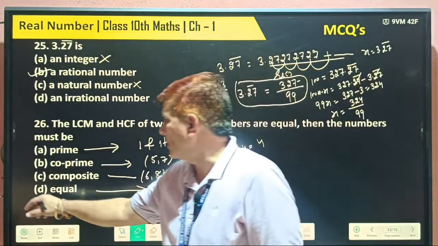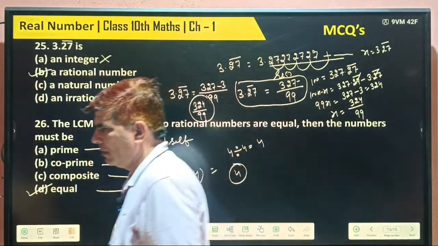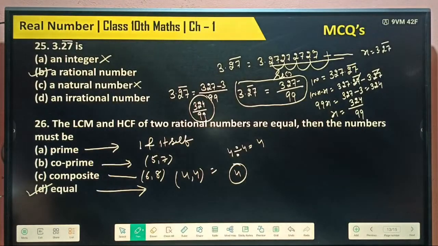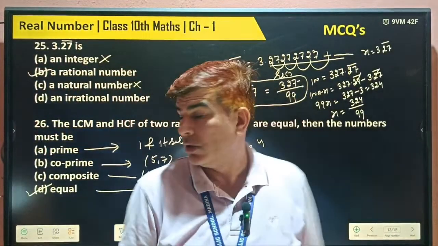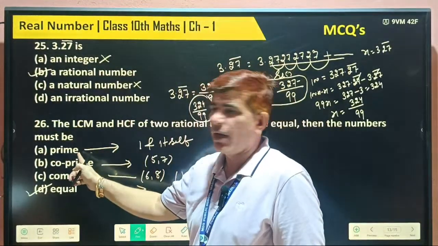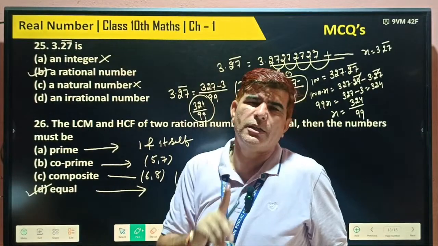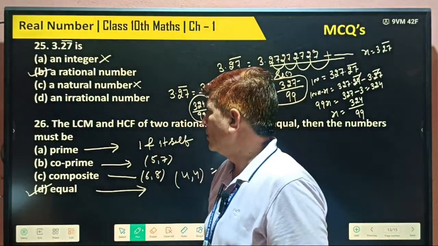So the two numbers must be equal. I told you the definitions: a number is said to be prime if it is divisible by 1 and itself.